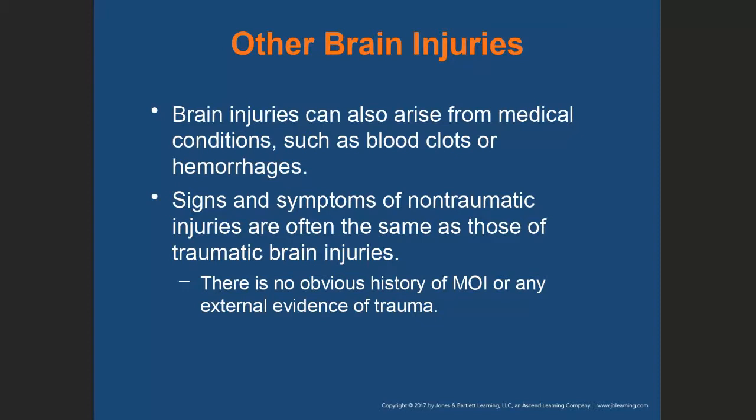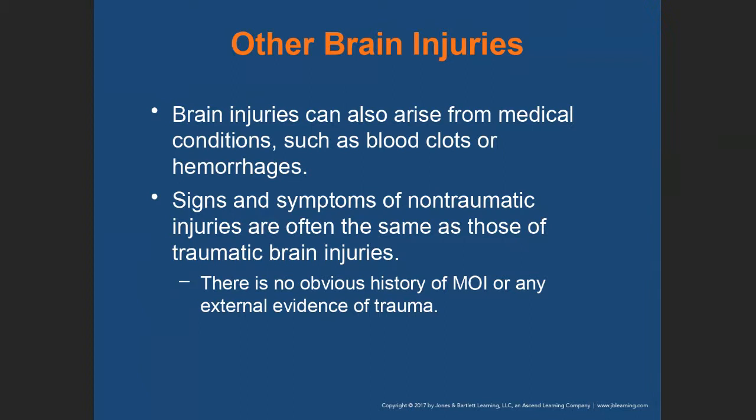And if it's a medical condition, it would be from a blood clot, either a thrombus or an embolus, right? So it can be a thrombus clot or an embolus clot. When we get to medical emergencies, I'll explain the difference. Or it can be from a blood vessel that bursts inside of the head and causes severe hemorrhaging.